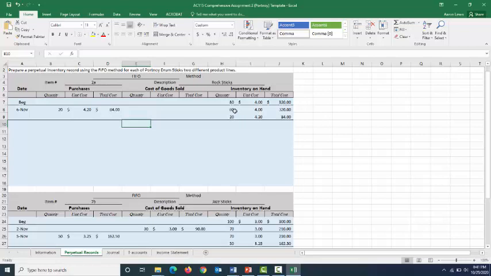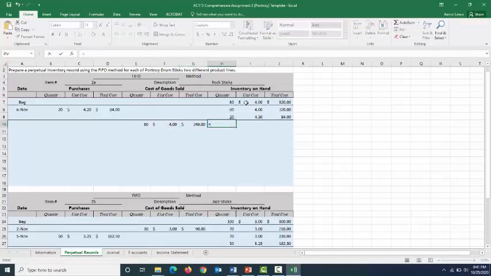Do we have enough units in that layer to cover this whole sale? Yeah, we're selling 60. We had 80 sticks, so we can assume that all 60 of these are $4 sticks. Then we multiply this to figure out that our cost of goods sold on that sale is going to be $240. What is going to be our inventory layers afterwards?